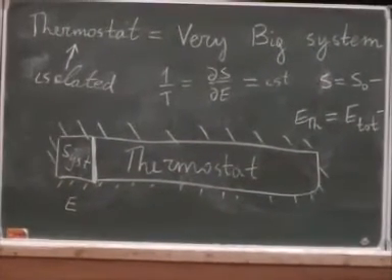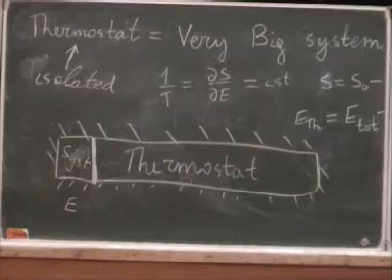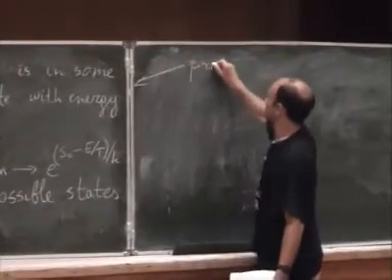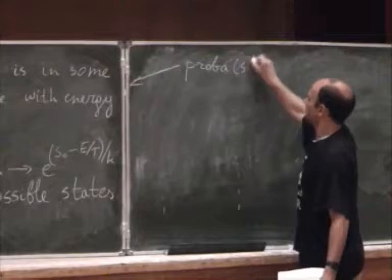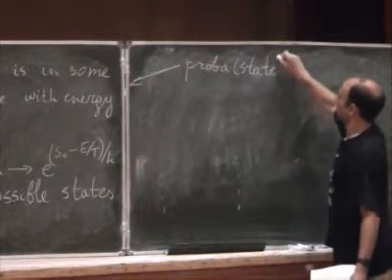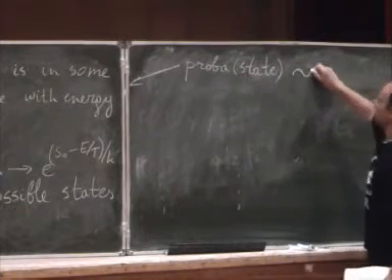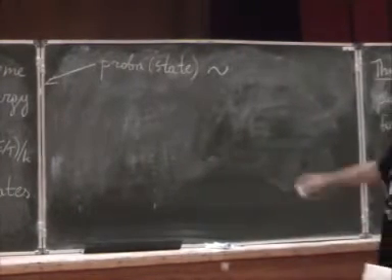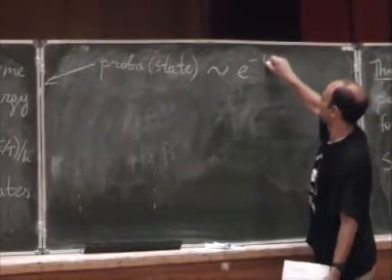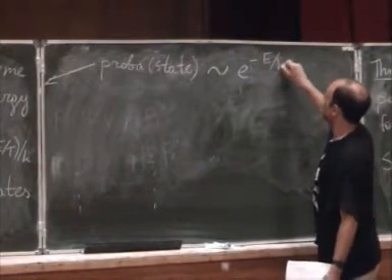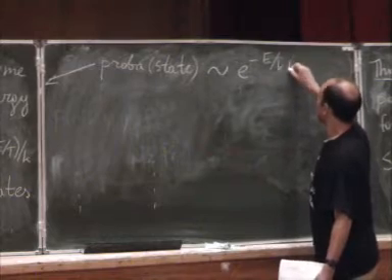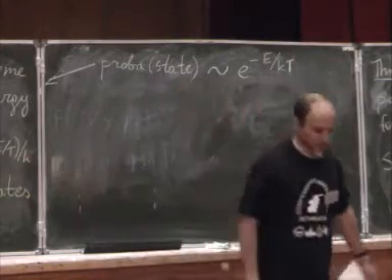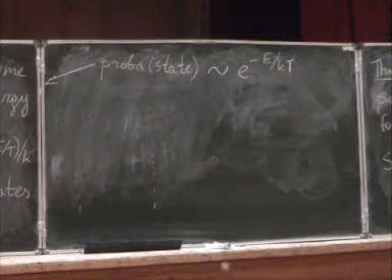So it means that the probability of the states is proportional to the number of possible states of the thermostat. So it is proportional to e to the power minus E over kT. Because e to the power S0 is the common factor that I can discard.